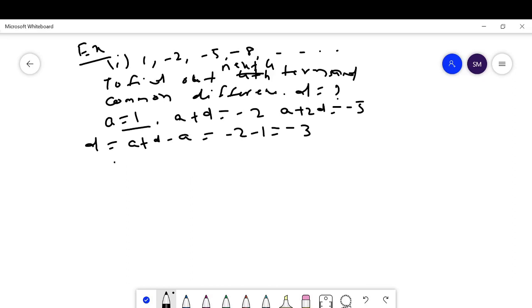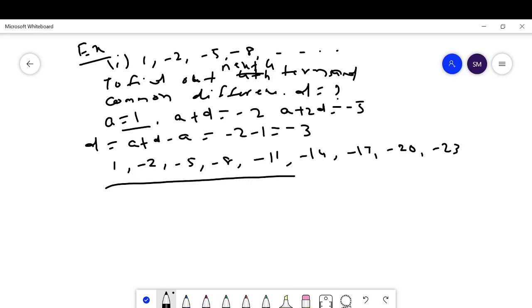Then the next terms after minus 5, minus 8 are minus 11, minus 14, minus 17, minus 20. In this way we can write the AP.